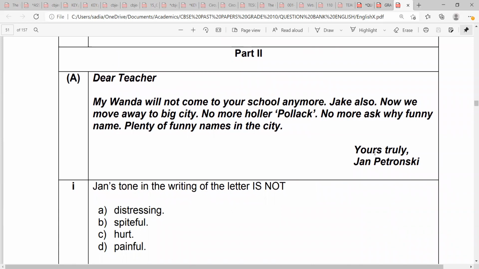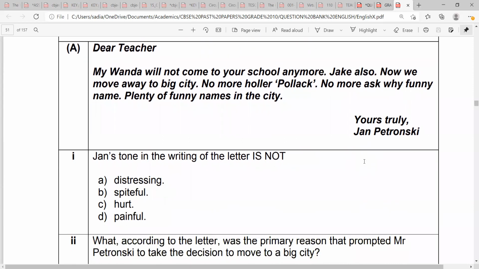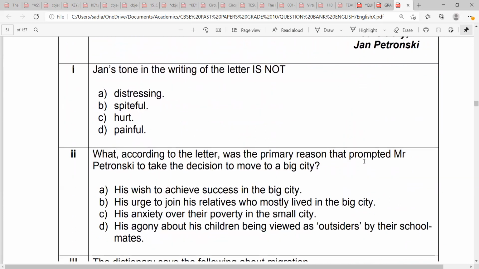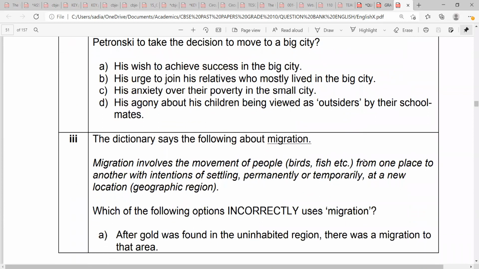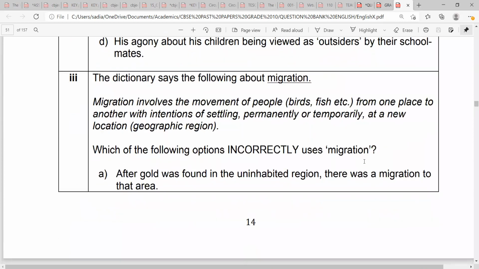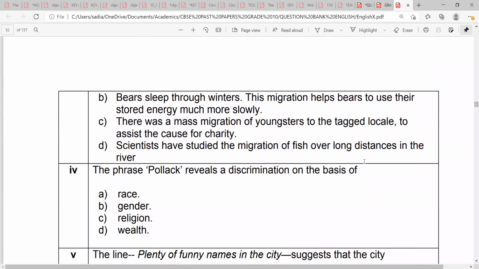Look at this sample. This letter should close on the left hand side, though it is given from the text. But remember this very carefully. All letters, diary entry, etc., all should close on the left hand side near the margin. Right hand side is the old style, which is outdated.